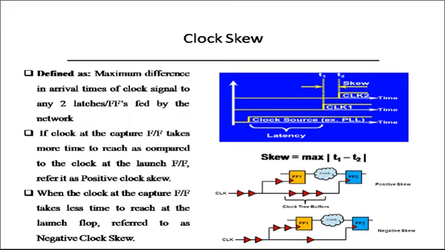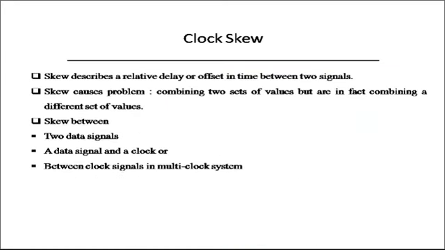Similarly, negative skew is when the clock at the capture flip-flop takes less time to reach as compared to the launch flip-flop. Now you can see that skew describes the relative delay or offset times between two signals. Skew causes problems.